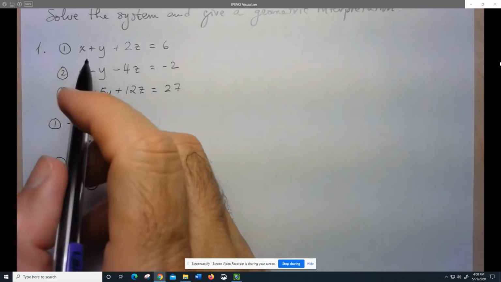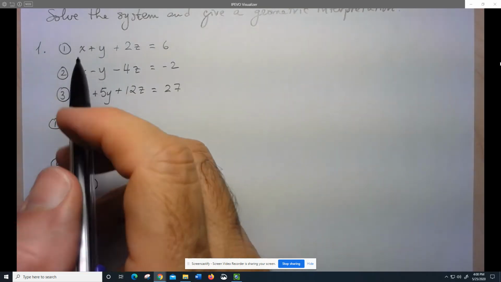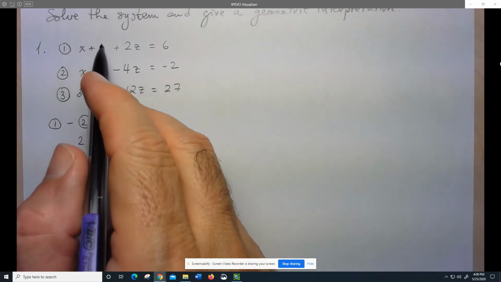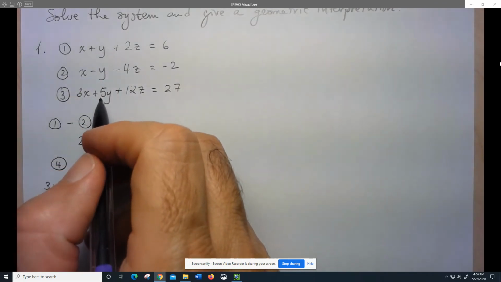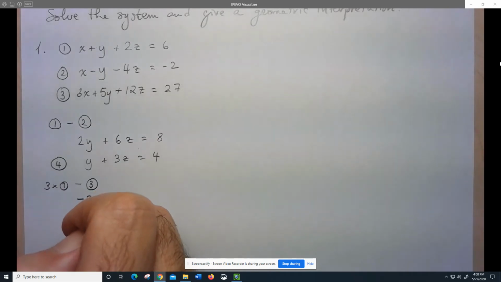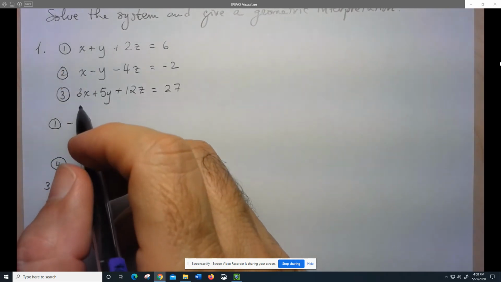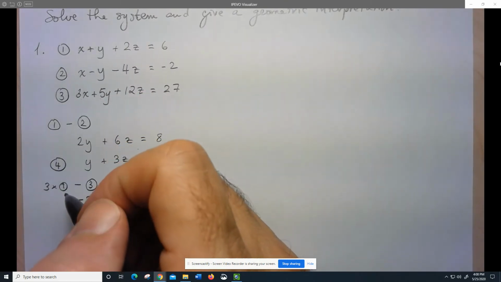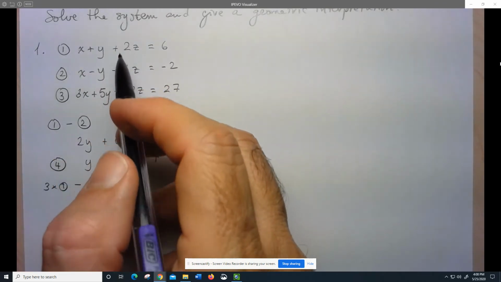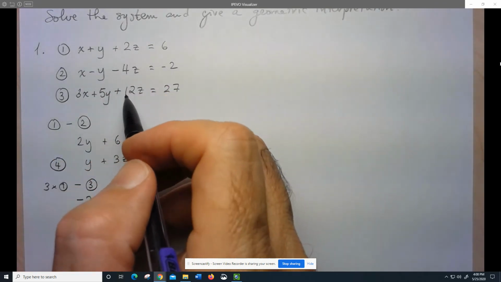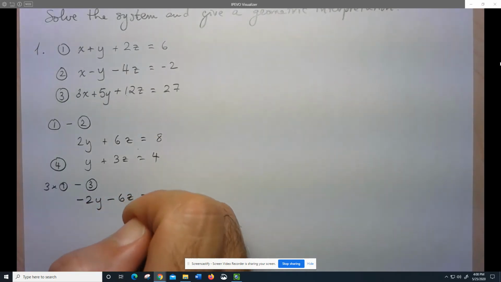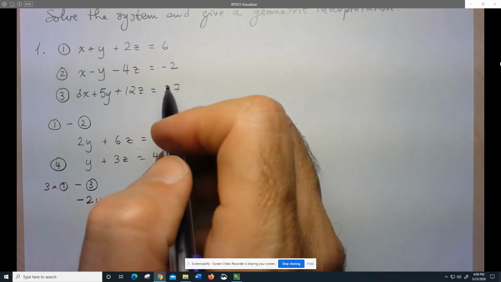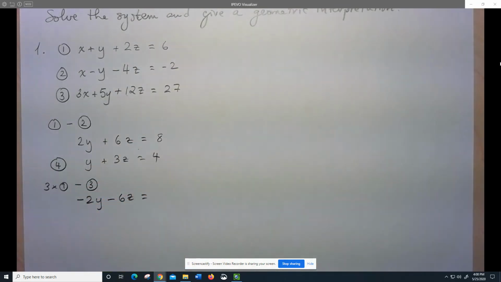So 3x minus 3x is 0, as expected. Then 3y minus 5y is negative 2y. Then 3 times 2 is 6, minus 12 is negative 6z. Sorry, I lost myself, I'm doing equations 1 and 3. And then 3 times 6 is 18, minus 27. Let's be certain, but I'm pretty sure that's negative 9.